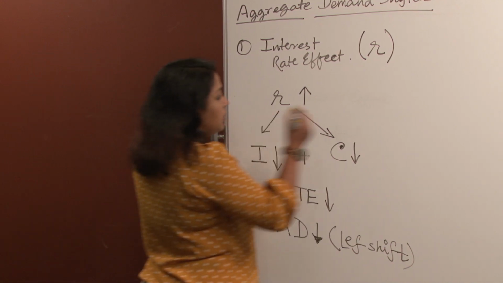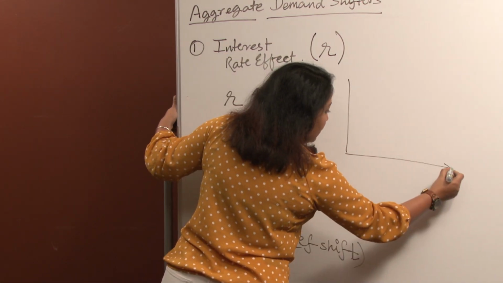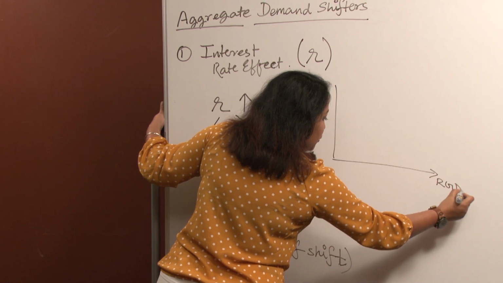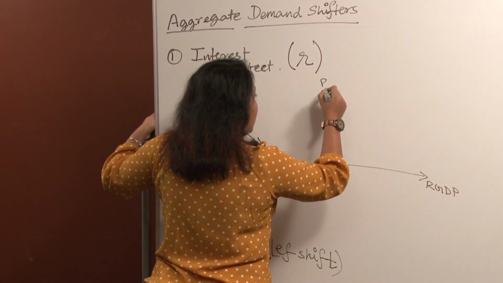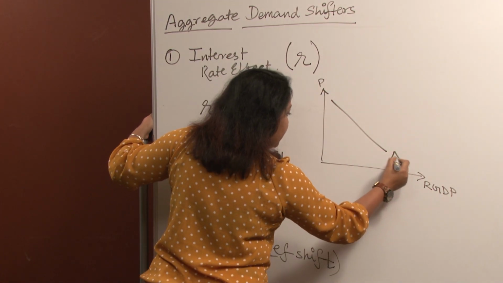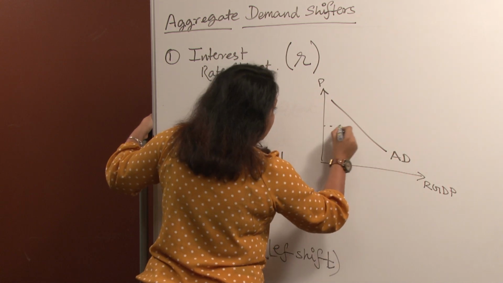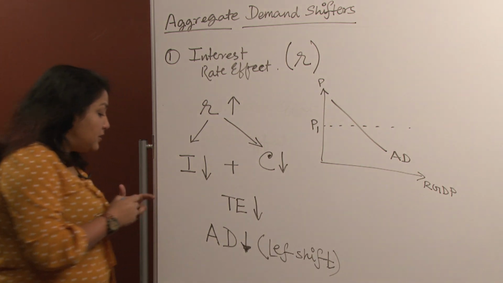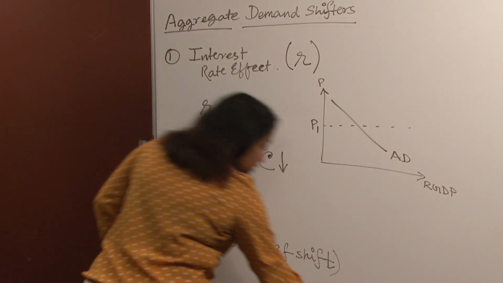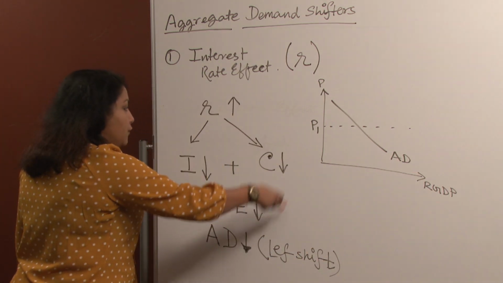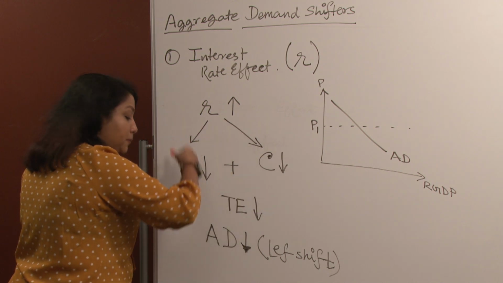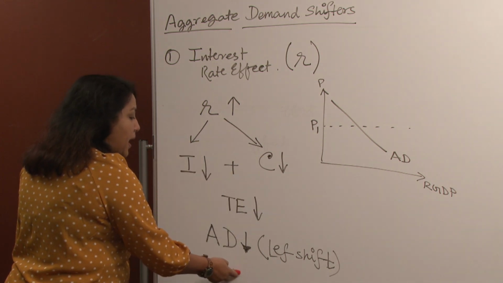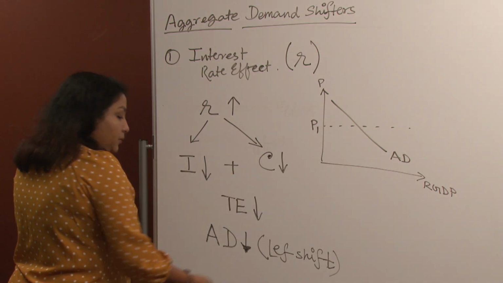So if I draw the diagram, you have real GDP here, you have your price index there, and you have your aggregate demand curve. So let's say this is the initial price index P1. What I am really saying is, due to this increase in the rate of interest and all of this interest rate effect taking place, your aggregate demand goes down, right?